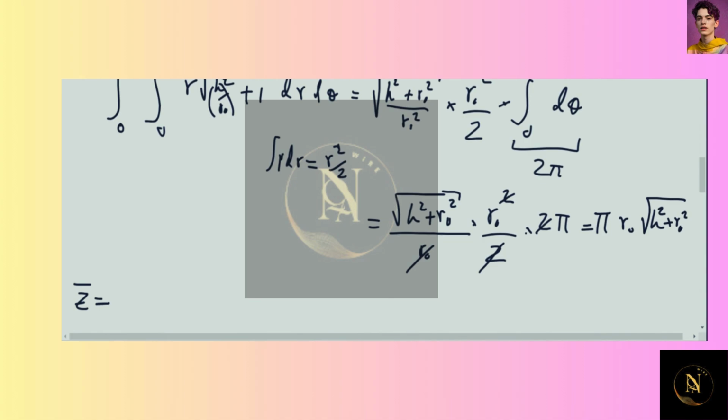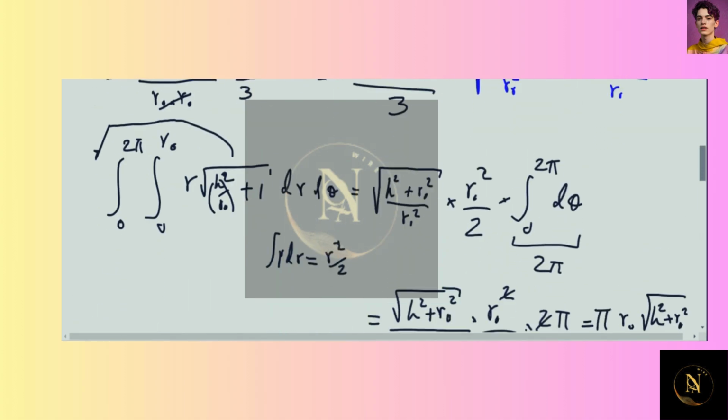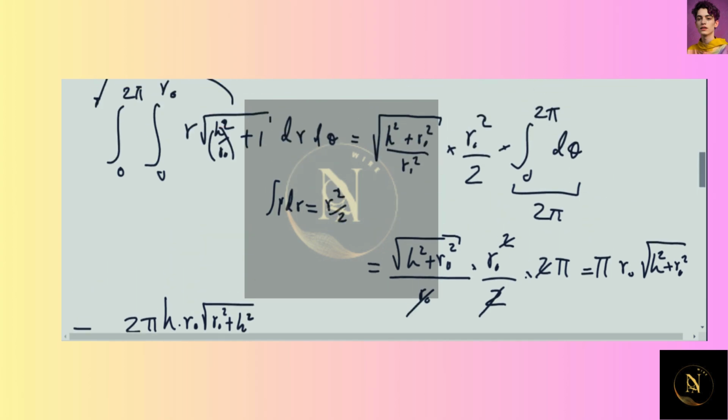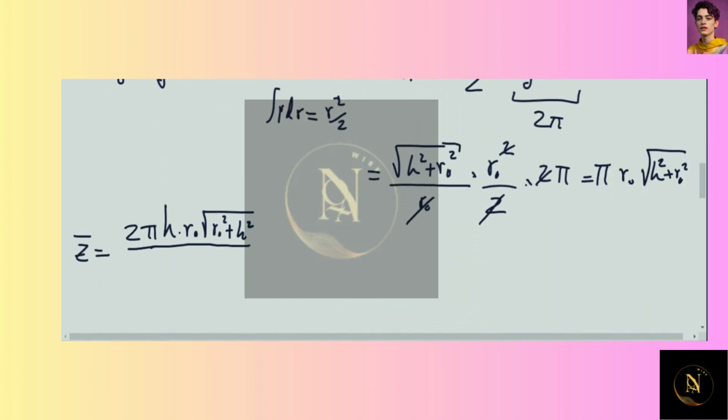this number, 2 pi times H times R naught times the square root of R naught squared plus H squared over 3, and all that divided by this, pi times R naught times the square root of H squared plus R naught squared.